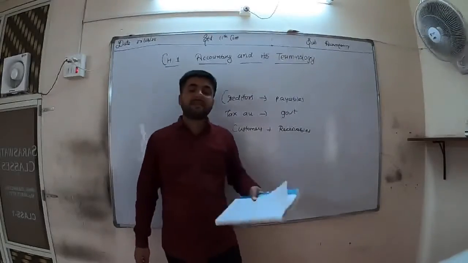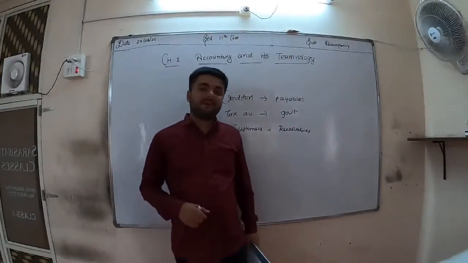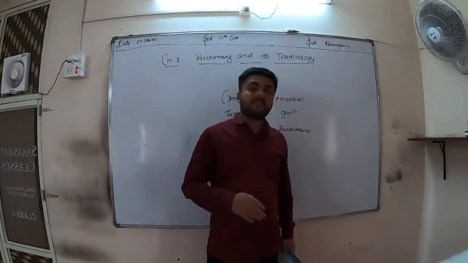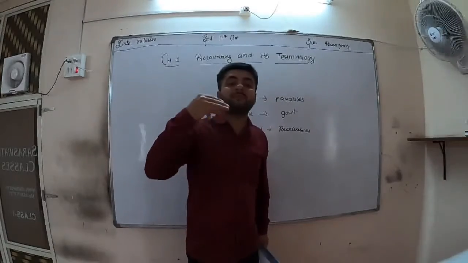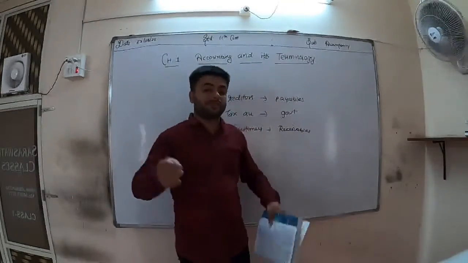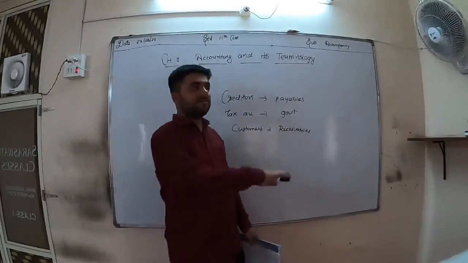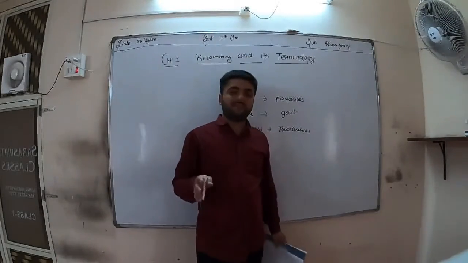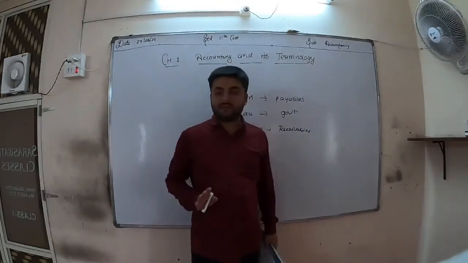Then researchers and analysts. Researchers means those who are doing new things, innovation, for the business. And finally again the government. So these all are the users of our accounting information. The accounting information which we are providing, they are using our information.